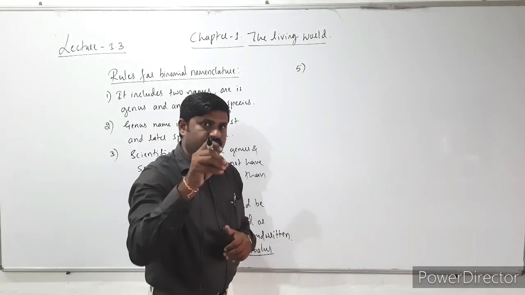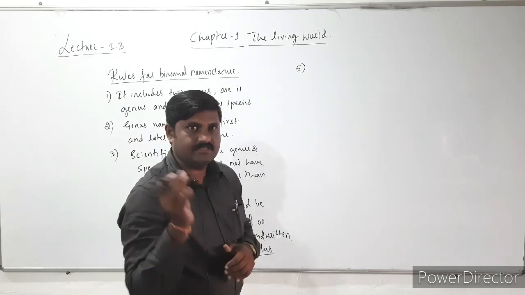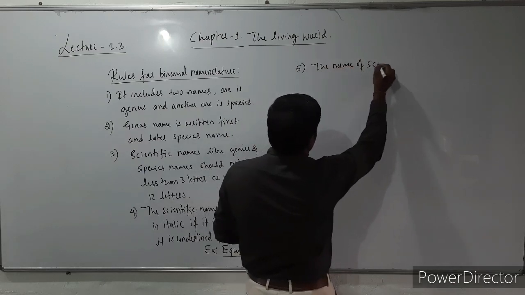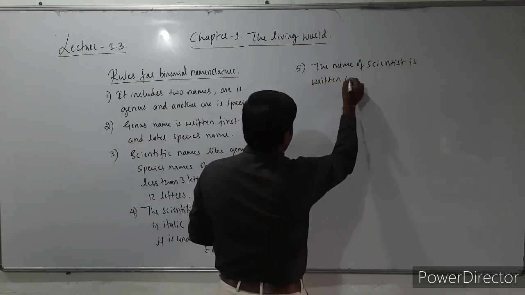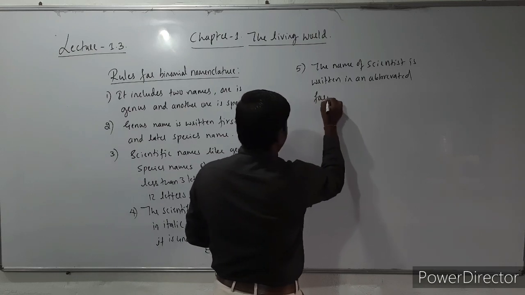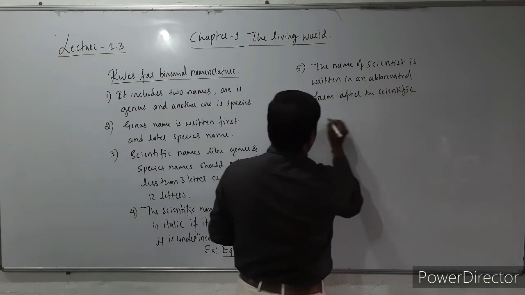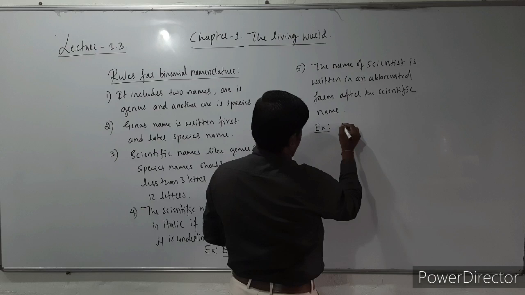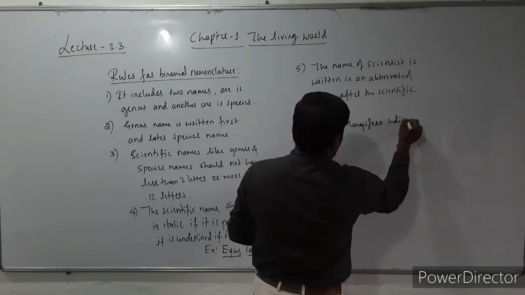In abbreviated form, we have to write the name of the scientist who discovered that particular organism. Example, once again, Mangifera indica is written.